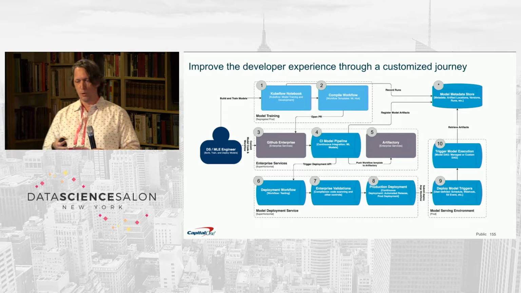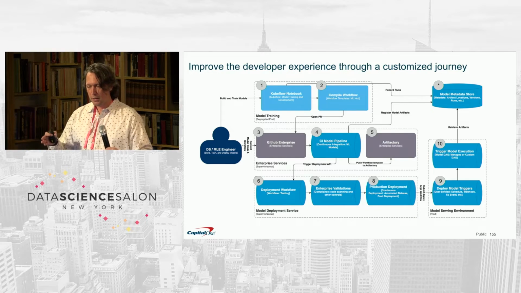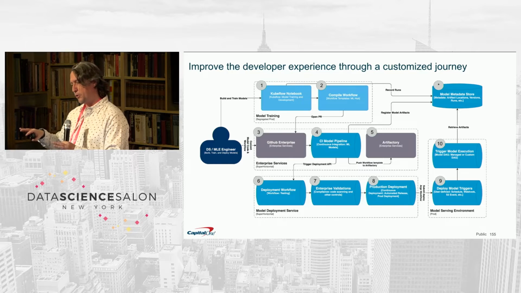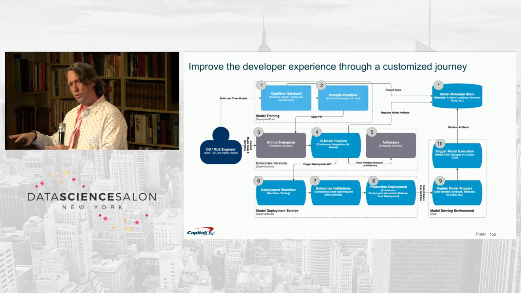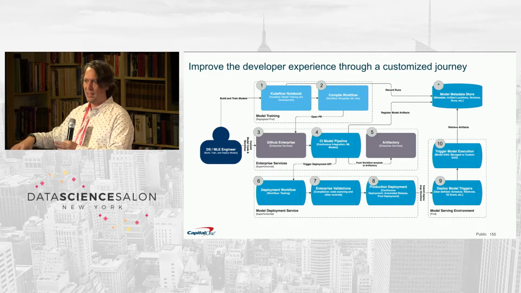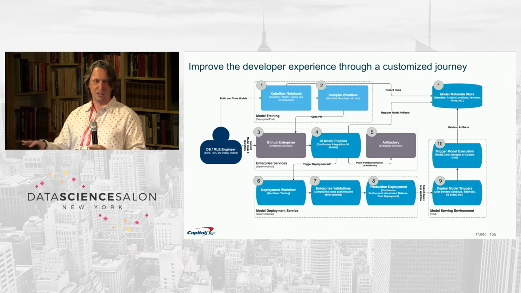That's a good starting point for you to retrain your model in an automated way. But then you need to figure out how you go from that step number 2 to your production environment that is lights out, hands off, where you don't get to touch it, right?